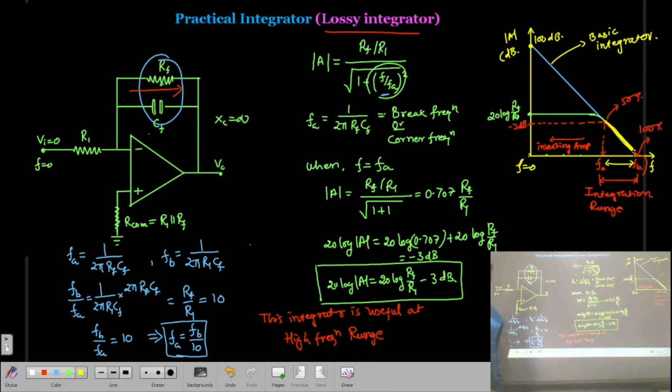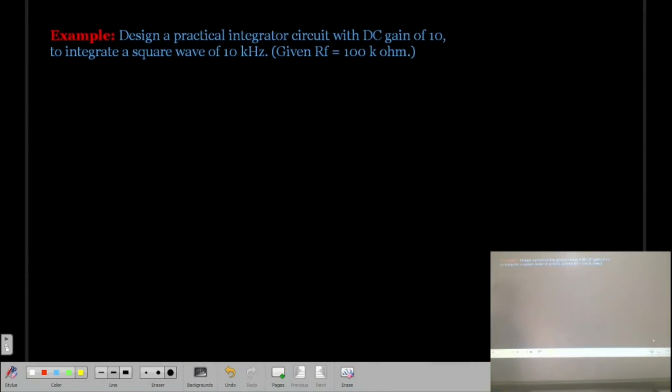Okay. Now let us see one example of how to design the integrator circuit. Design a practical integrator circuit with DC gain of 10 to integrate a square wave of 10 kHz frequency. RF is 100 kilo ohm.